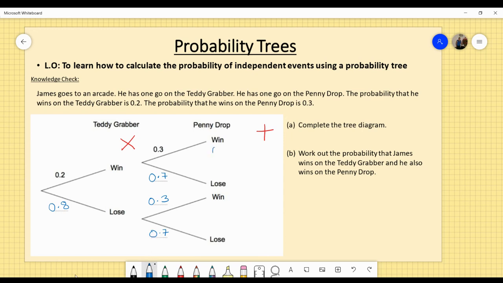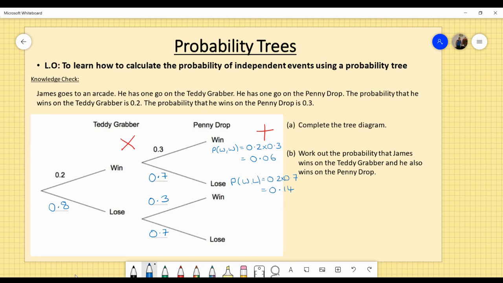So the probability of a win on the teddy grabber and a win on the penny drop will be 0.2 multiplied by 0.3, and be careful with your decimals. That will then multiply to give us 0.06. Then my next one will be the probability of win and then lose. So that one's going to be 0.2 multiplied by 0.7, giving me an answer of 0.14.